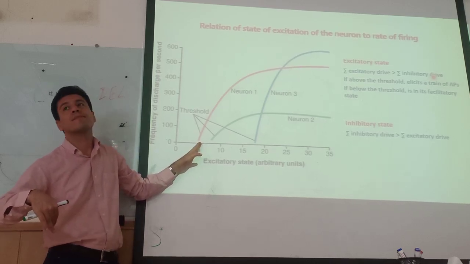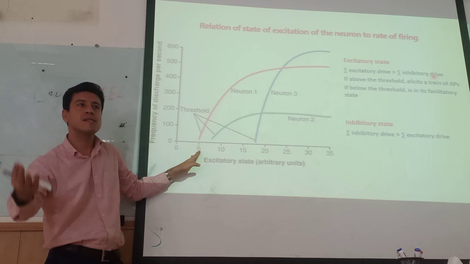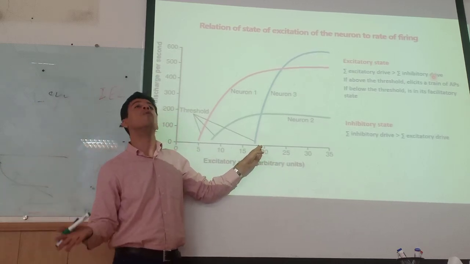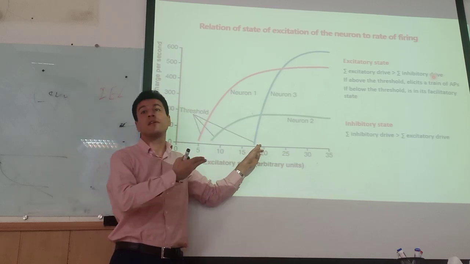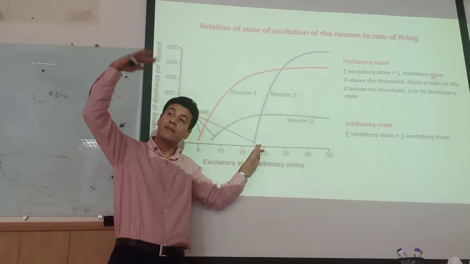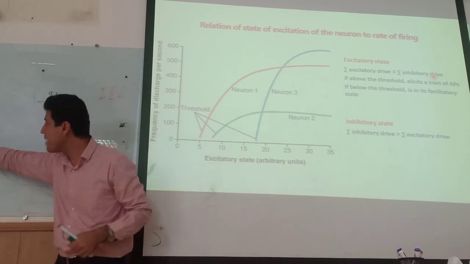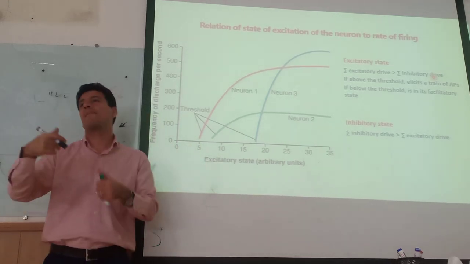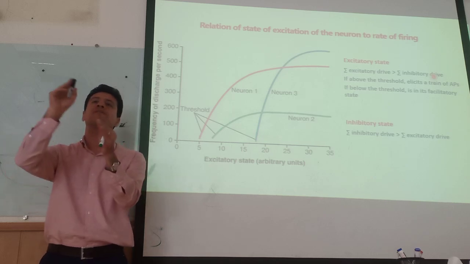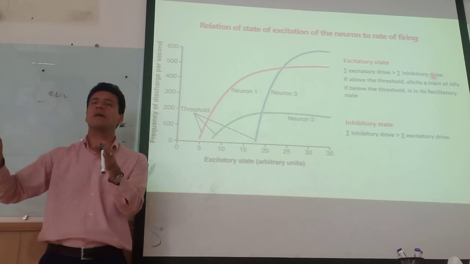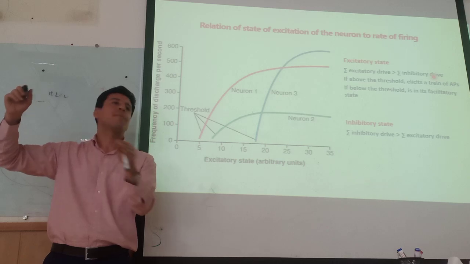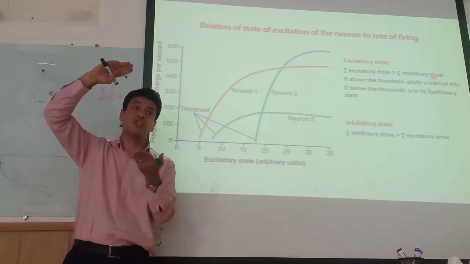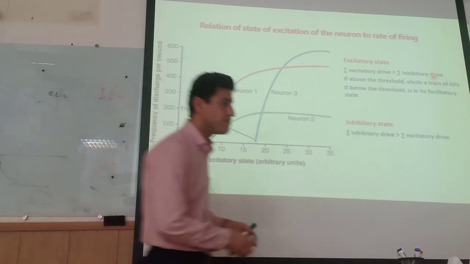Which one has the lowest sensitivity? This one. We need more excitatory drive to activate it. The threshold of this neuron is higher. So not all neurons have the same threshold. For example, some neurons may be activated at -55, others at, for example, -45. So we need more potential change to have an action potential, right?